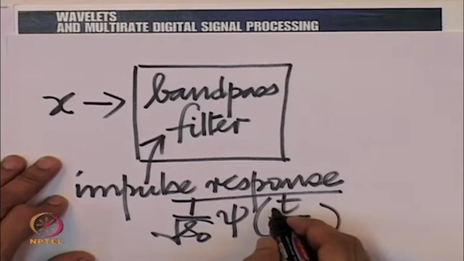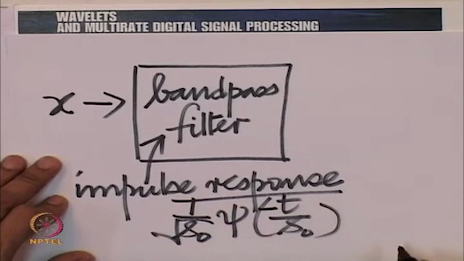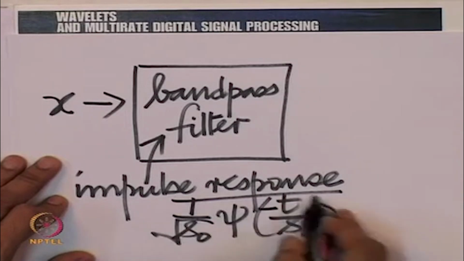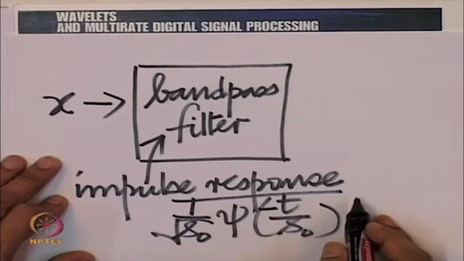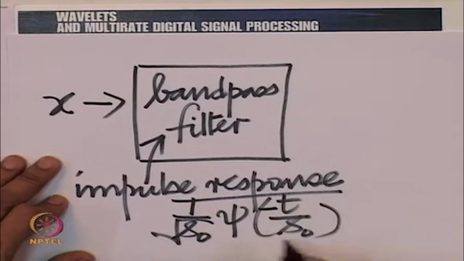So, you complex conjugate this, and strictly you should also put a minus sign here, because this would be the inverse Fourier transform when you complex conjugate in frequency and then scale by S naught.